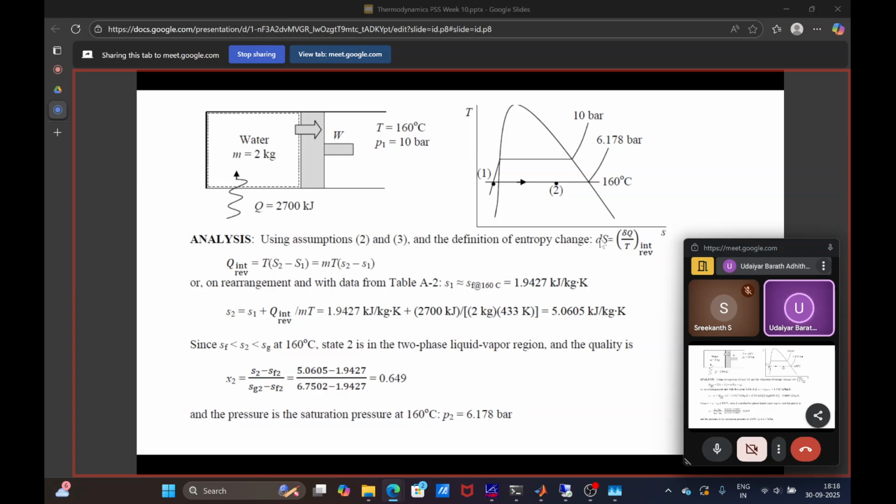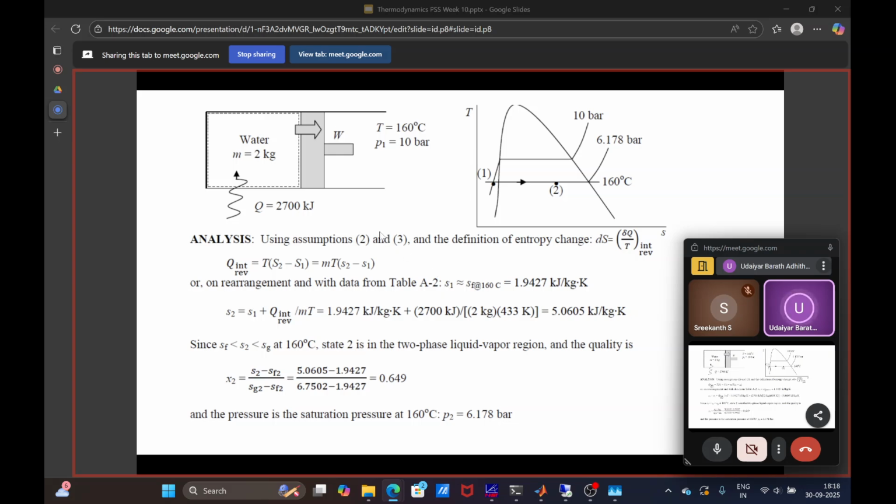From here you can find the relation between the entropy and the heat coming in. So Q internally reversible is T into (S2 minus S1), and with specific quantities, mass times temperature multiplied by (S2 minus S1).